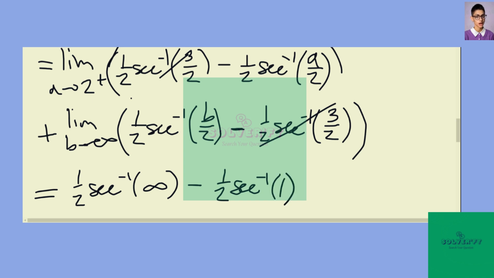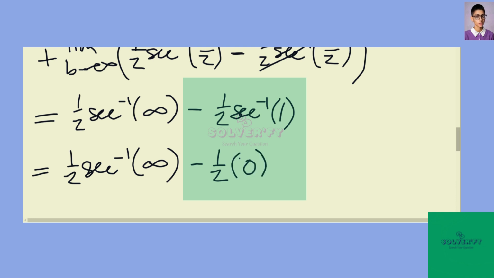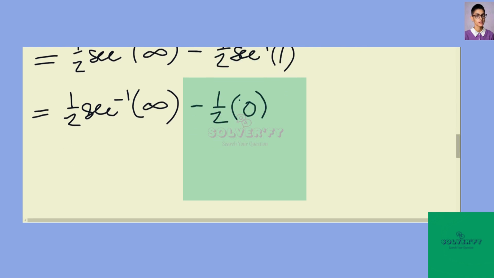Now the inverse secant of 1 is pretty easy. This is the same as the inverse cosine of 1, which is 0. And so we're simply left with 1/2 times the inverse secant of infinity.